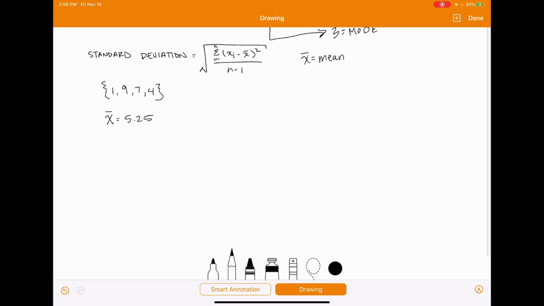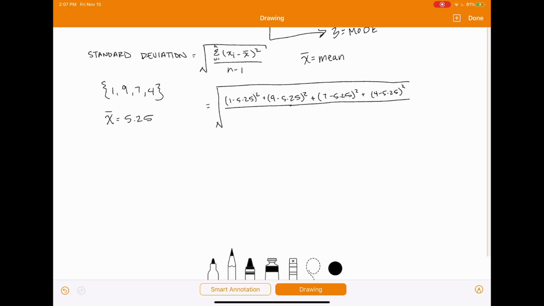So we can find our standard deviation as being the square root of our first data point, 1, minus the mean, 5.25 squared, plus our next data point, 9 minus 5.25 squared, plus 7 minus 5.25 squared, plus our last data point, 4 minus 5.25 squared. And that's all over n, which is our number of data points, which is 1, 2, 3, 4, minus 1.